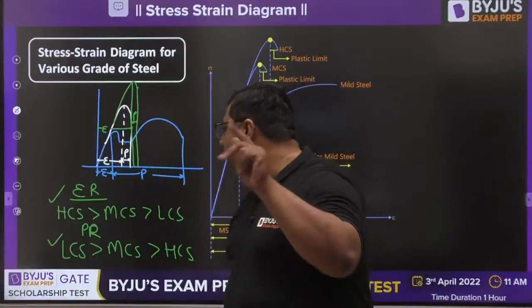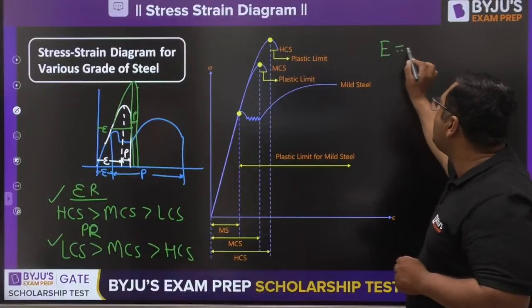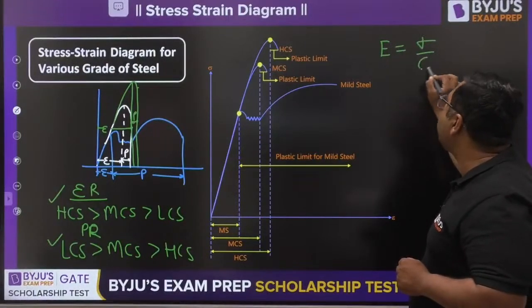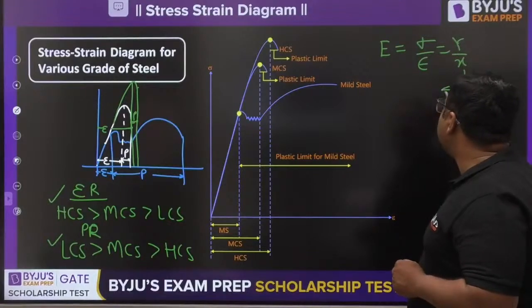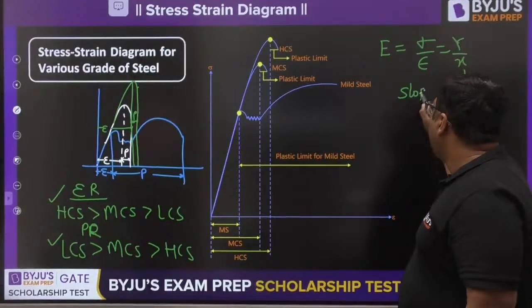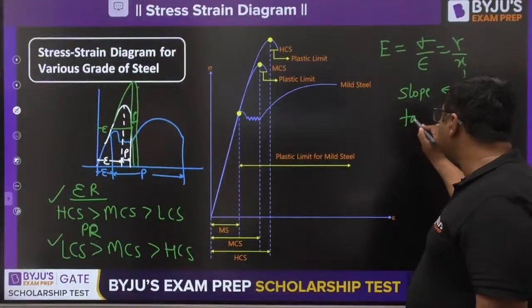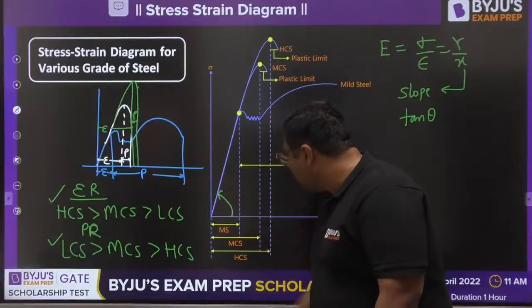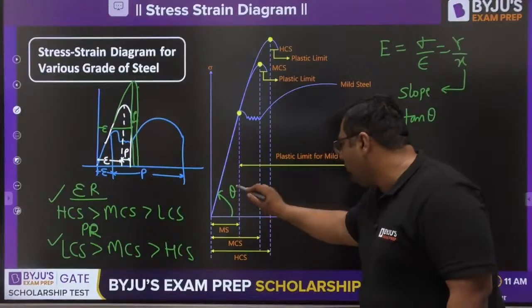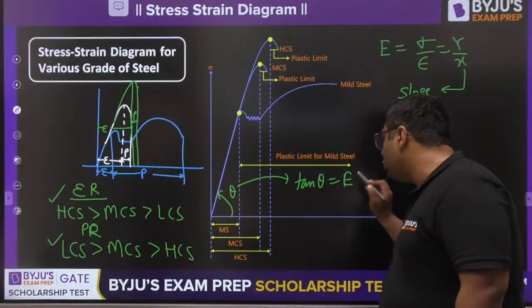One more important thing I would like to say. You define the elastic constant Young's modulus E as sigma by epsilon. Yes, it is y by x, and you know y by x is nothing but the slope. If you take the slope, which is the tangent theta, this theta is on this curve, and tangent theta is nothing but the Young's modulus.